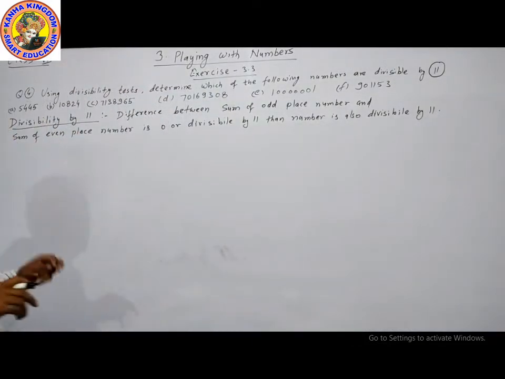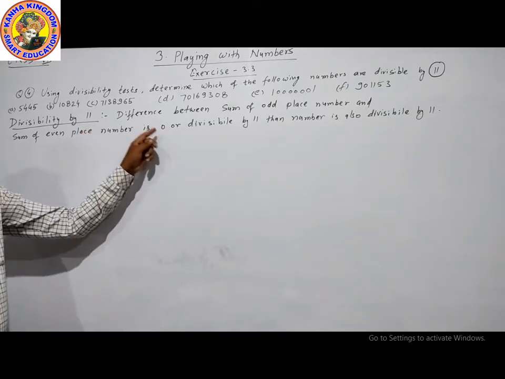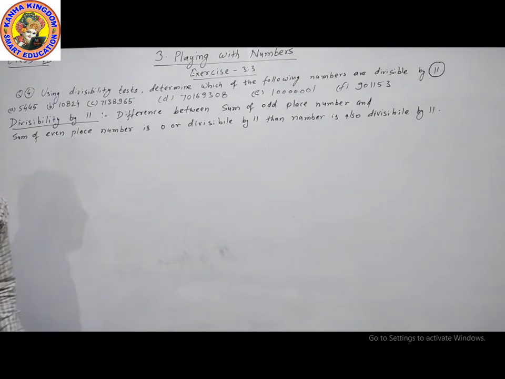The difference between both, if the answer is 0 or can be divided by 11, then the number is also divisible by 11.